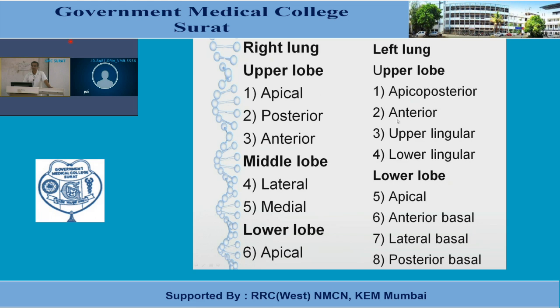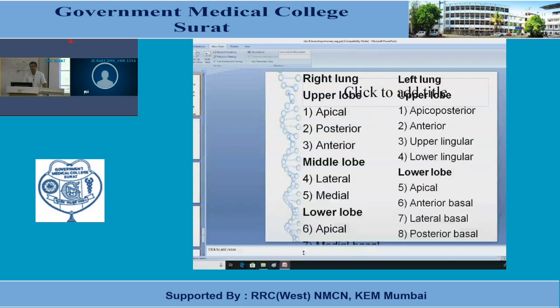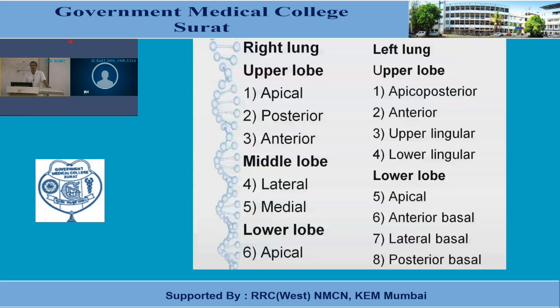In the left lung: apico-posterior, anterior, upper lingular, lower lingular. In the lower lobe, apical, anterior basal, lateral basal, and posterior basal. Here on the right side only 6 are visible, but in total there are 10 bronchopulmonary segments in the right lung. Which 10 segments?